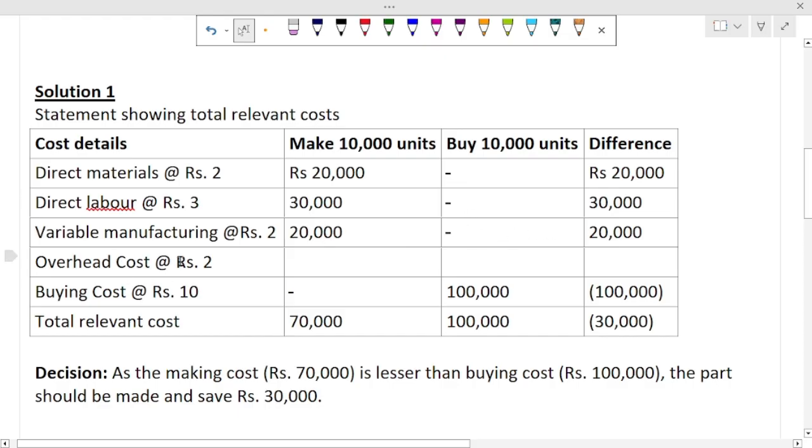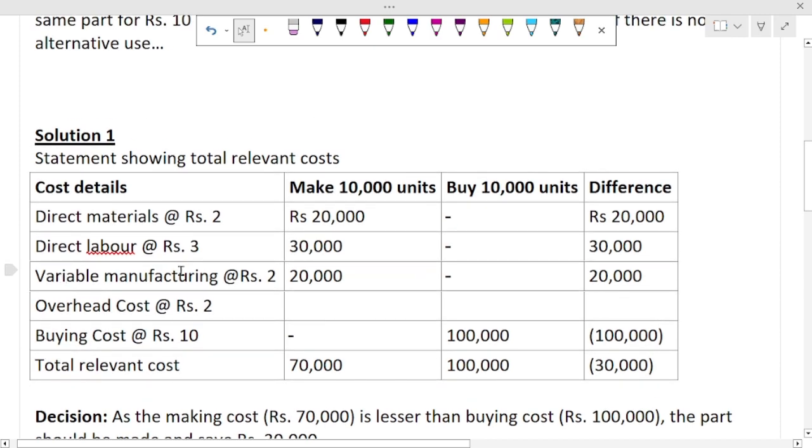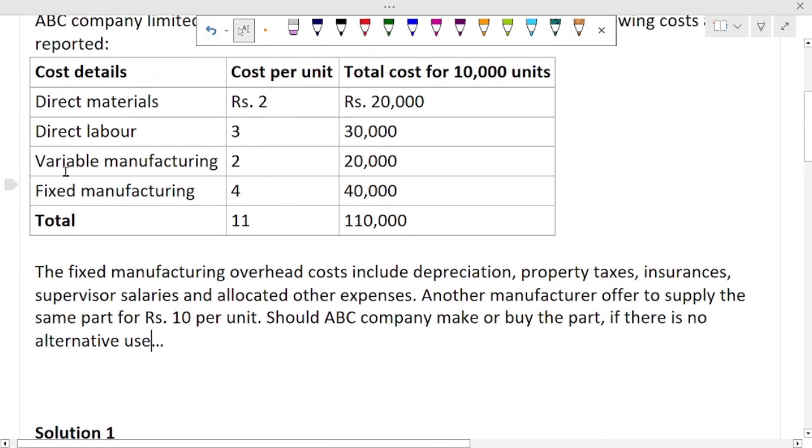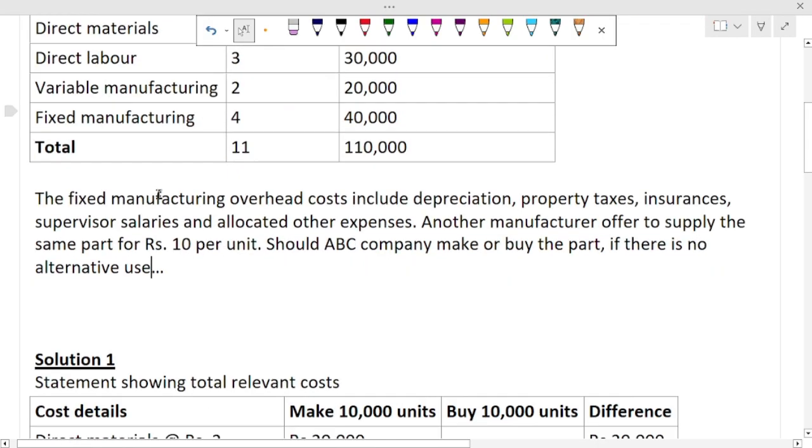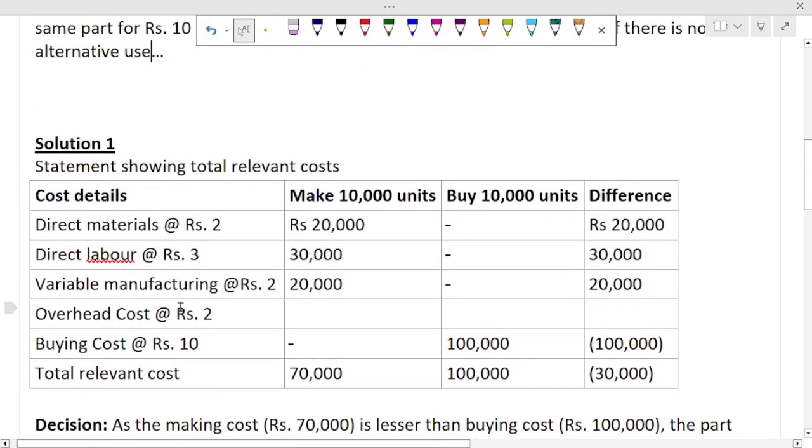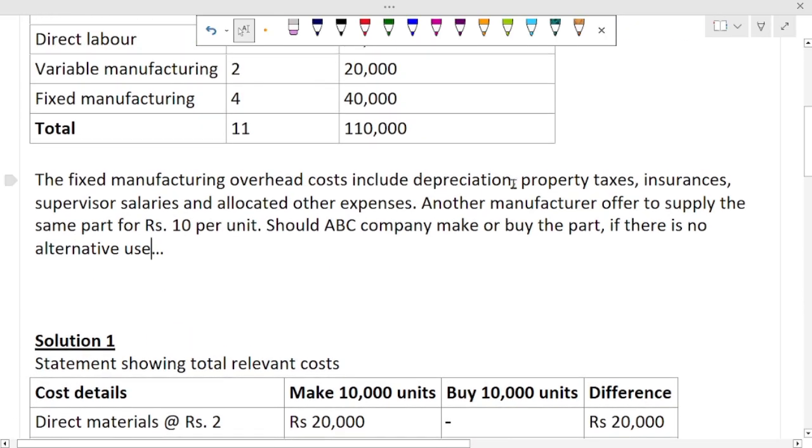Now for overhead costs, please guys, check this out. After variable manufacturing, you have fixed. But here we are not considering fixed. Why? Because whether you buy or you make, you still have to pay property tax. You still have to pay insurance.